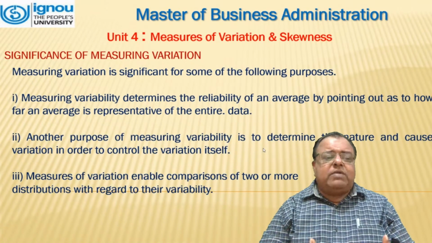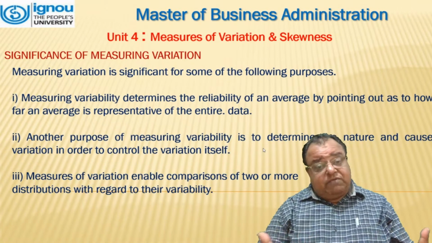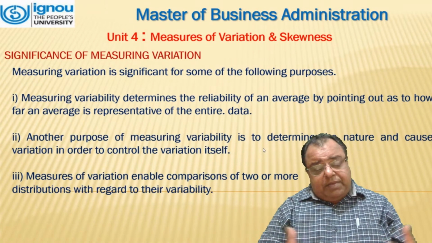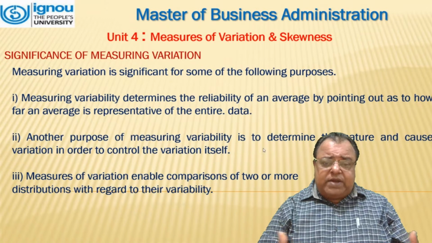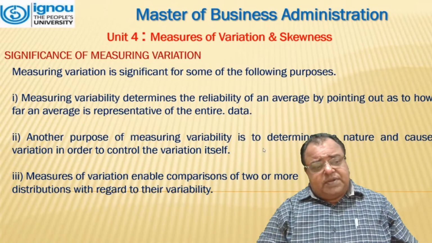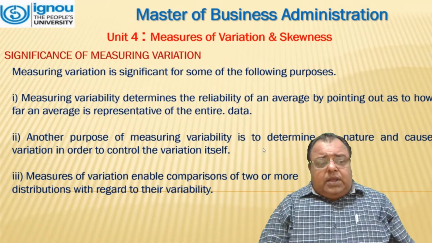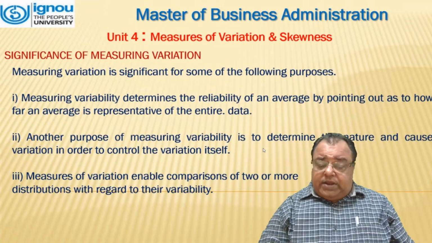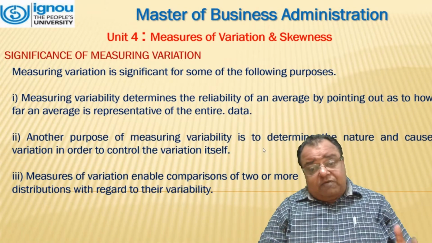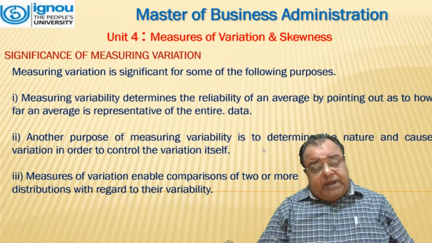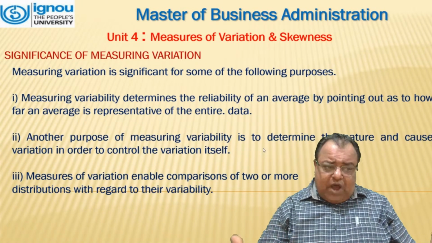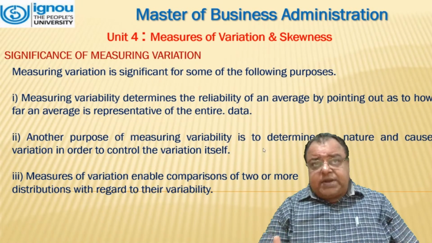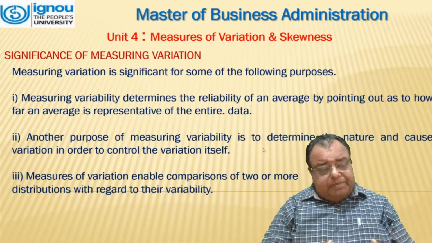First of all, we will start with the significance of measuring variation. Measuring variation is significant for the following purposes. Measuring variability determines the reliability of an average by pointing out how far an average is representative of the entire data.